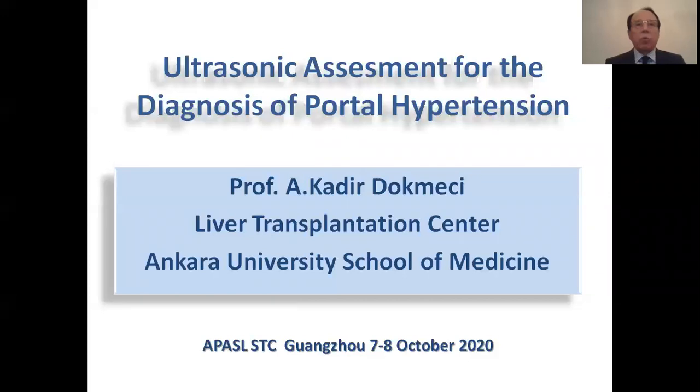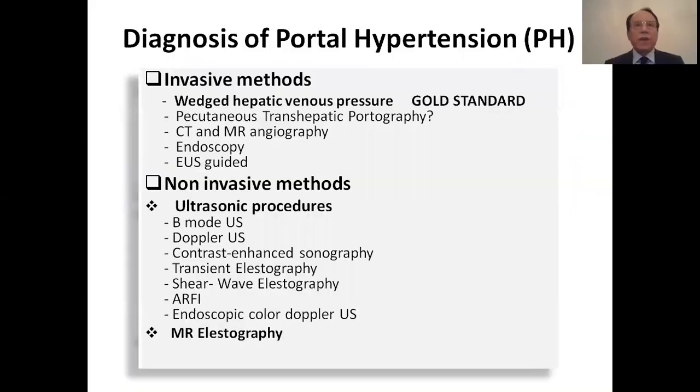Today, I am going to speak about ultrasonic assessment for the diagnosis of portal hypertension. Portal hypertension is a common clinical syndrome characterized by an increase in portal venous pressure. There are invasive and non-invasive methods for the diagnosis of portal hypertension.